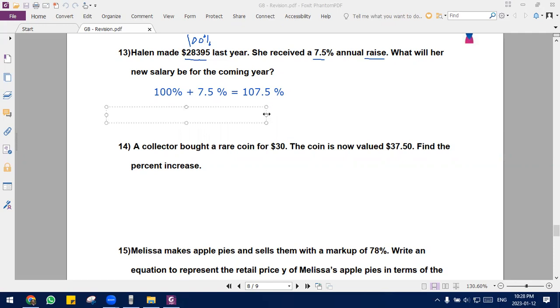So here we have 28,395 times. So you can either use 107.5% if you have it on your calculator.